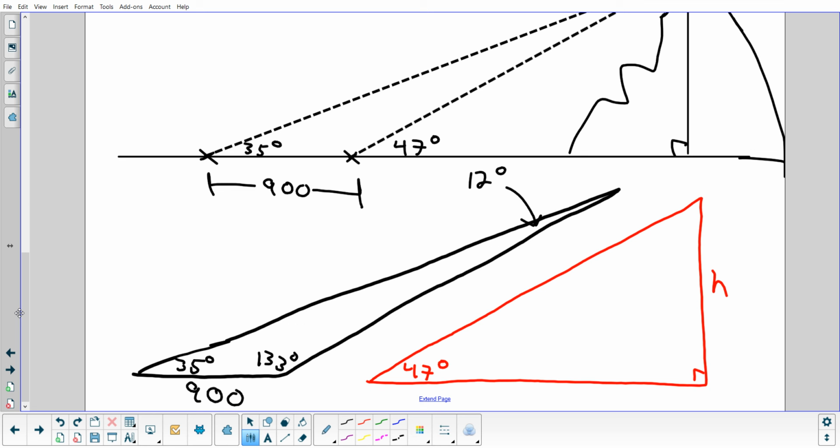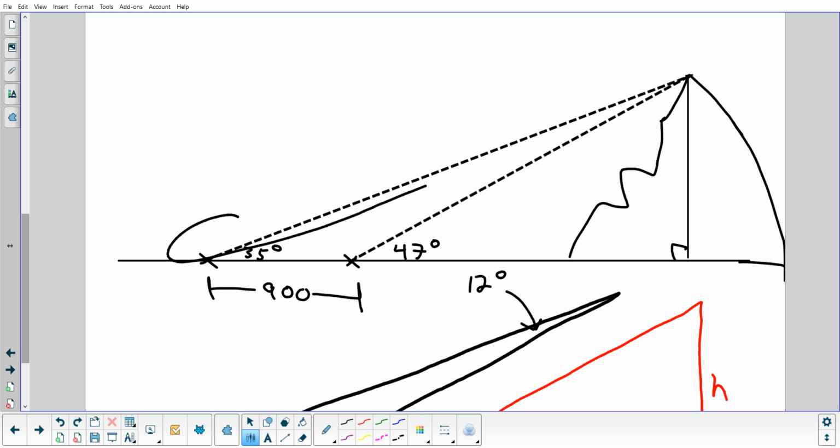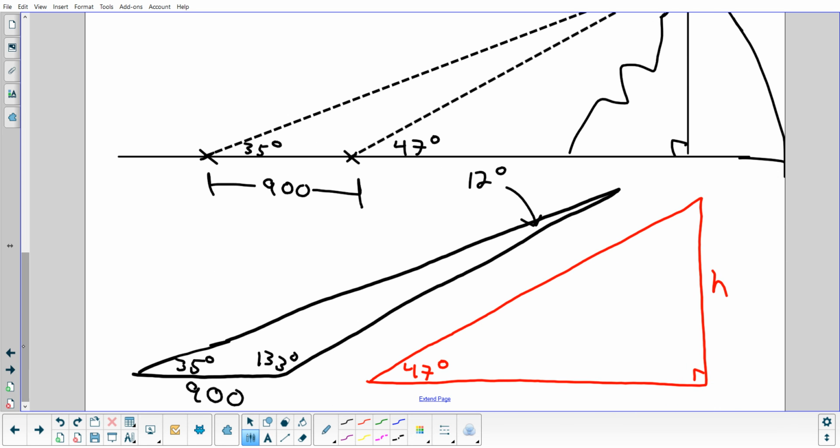Yeah. The side across from 133 degrees. So this side right here. Is that side part of the red triangle? No. So I agree you could find that side, it just will not help you at this point.